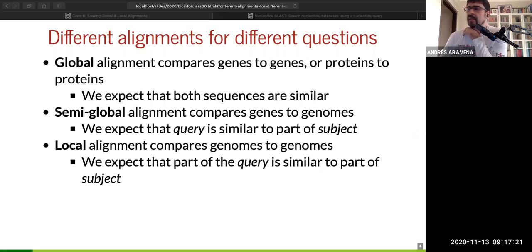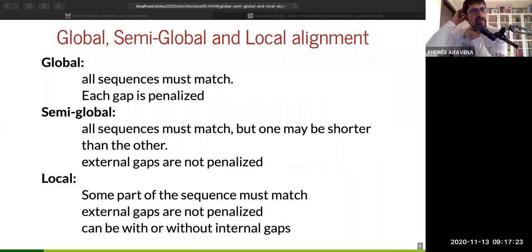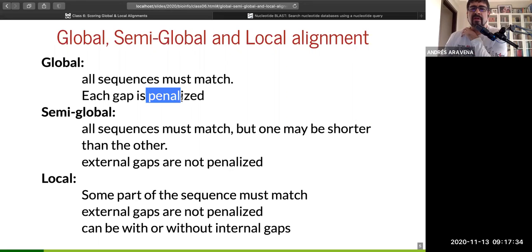We discussed this. And I have this other definition in another slide. All sequences must match. All gaps are penalized. Penalized, like the penalty in football, is a punishment, or in other words, a cost. The penalization here means that something bad is happening.